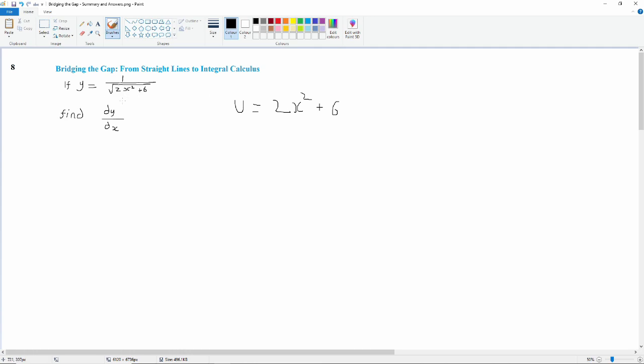Now 1 over the square root of 2x squared plus 6 is 2x squared plus 6 raised to the power of negative 1 over 2, because 1 over 2 is the square root and negative is 1 over. So y is equal to u raised to the power negative a half.